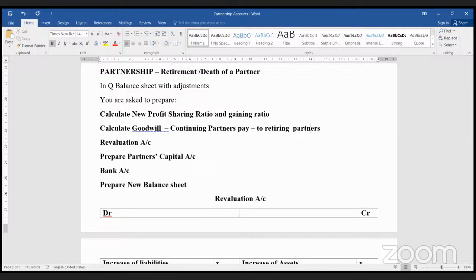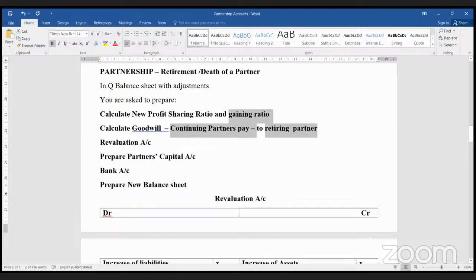Whoever the partner is retiring, to that partner the continuing partners will pay, because with this partner's retirement the continuing partners are gaining.